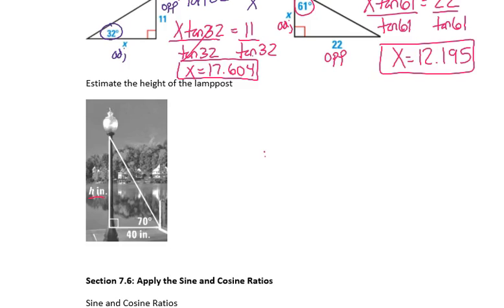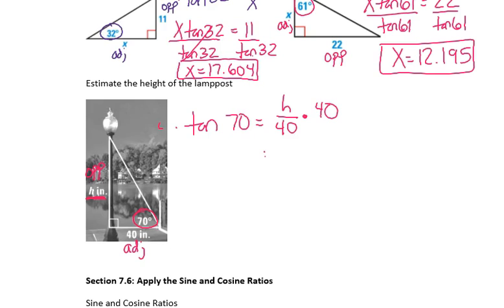Find the height of the lamppost H. So we have an angle, 70. H is opposite that, and the 40 is adjacent. So again, I'm going to use tan. Tan of my angle of 70 degrees equals opposite H over adjacent 40. So this one's actually a little bit easier because the variable is in the numerator.